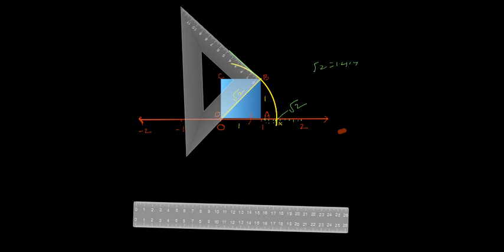You draw a 90 degrees angle at OB, you draw a side like that.